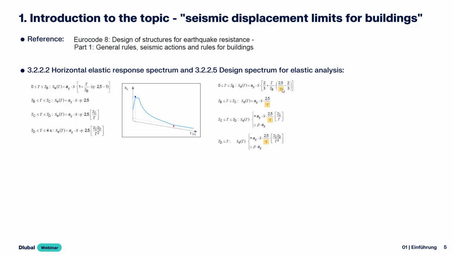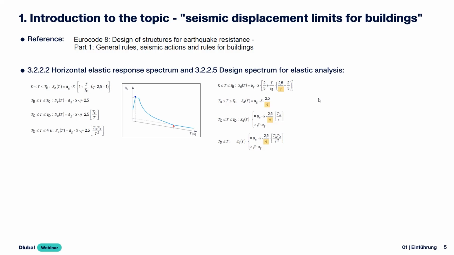For the design spectrum we divide by this factor q. q is the behavior factor. It's a description of the structure and it depends on material, ductility class and irregularities in general. So it's a good summary of our structure.